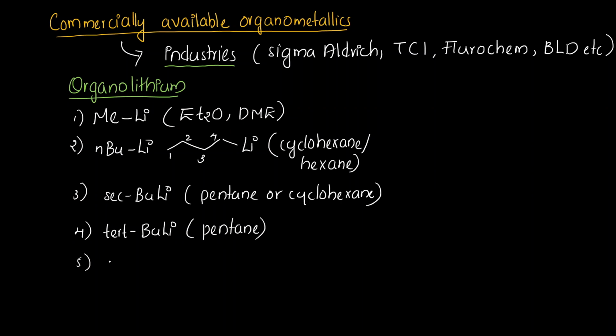And the phenyl lithium, you can have it in n-butyl ether. So in the organolithium case, you can have even the hydrocarbon solvents or the ether-based solvents. And let's see the Grignard reagents, that is the organomagnesium reagents.